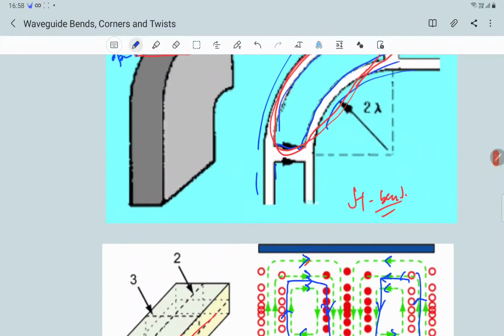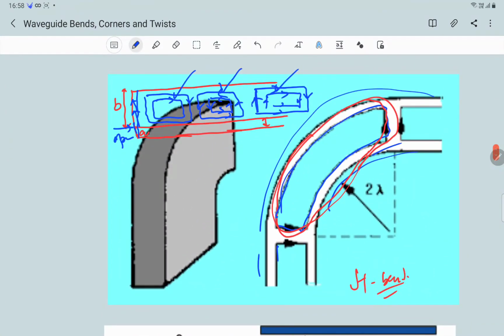Now, if we look at the H bend, it is basically the magnetic field which gets distorted, as can be seen here. The arrow direction indicates the magnetic field lines, and this is a closed loop. As we know, these magnetic lines of force form closed loops, but it is what gets affected.